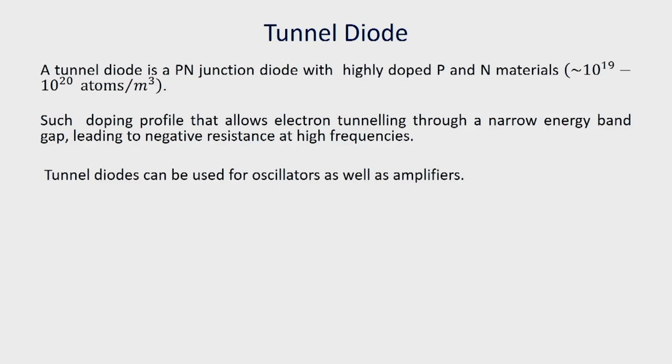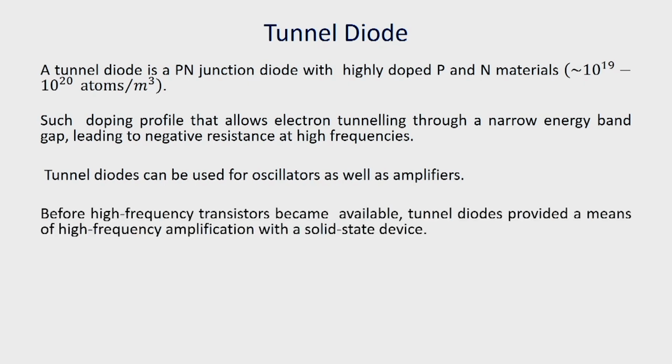Tunnel diodes can be used for oscillators as well as amplifiers. And before high frequency transistors became available, tunnel diodes provided a means of high frequency amplification with a solid state device.